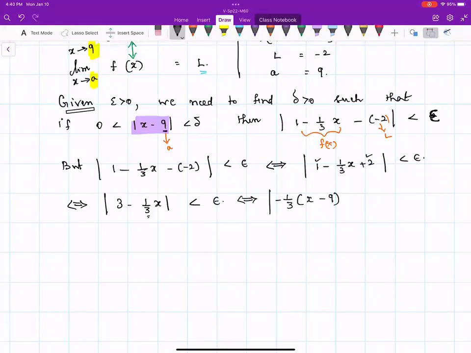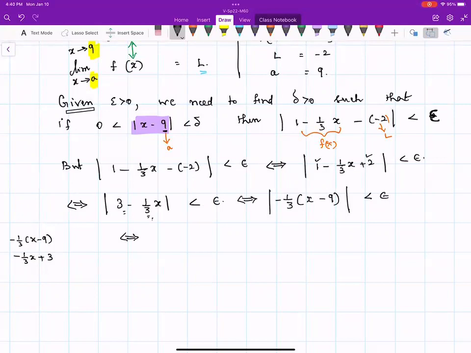Is this right? Distribute and see. What is negative 1/3 times x minus 9? That is negative 1/3 x plus 3, which is exactly this. So I can write 3 minus 1/3 x as negative 1/3 times x minus 9, absolute, less than epsilon. Both ways it is true.